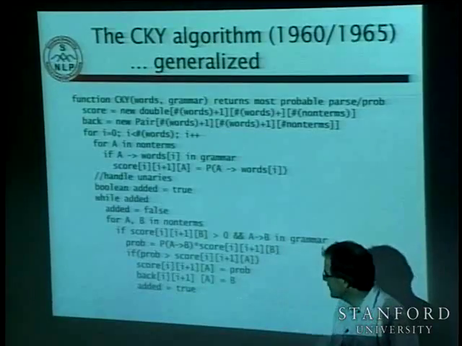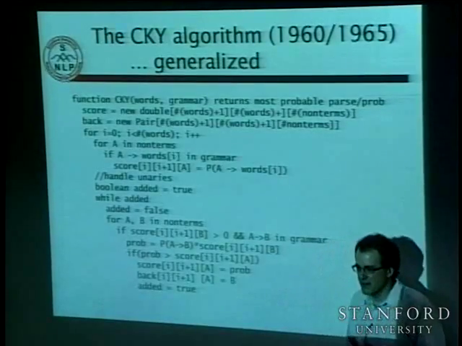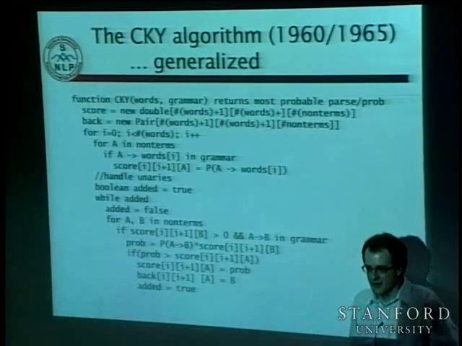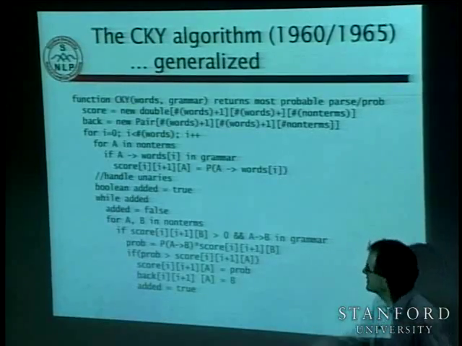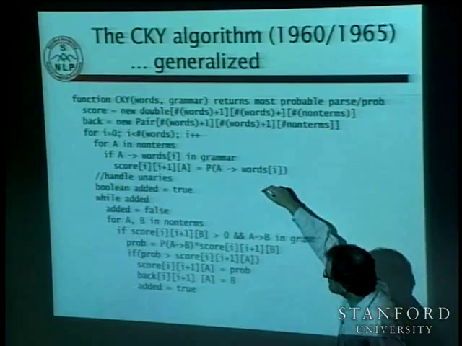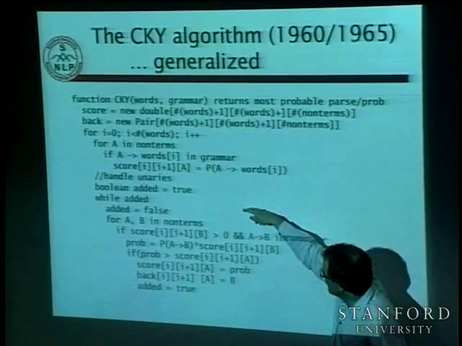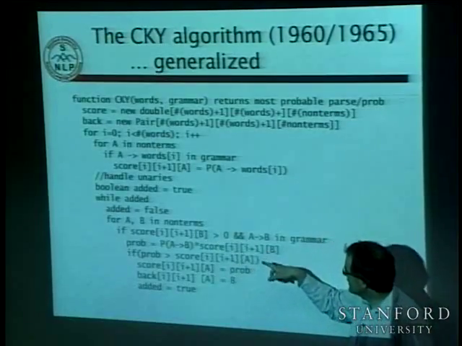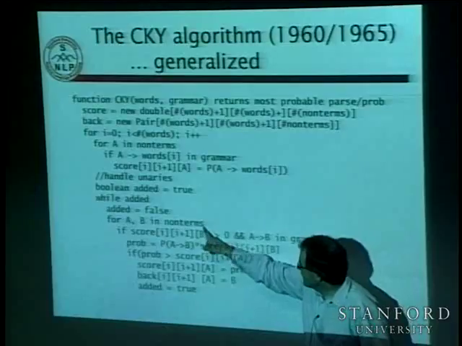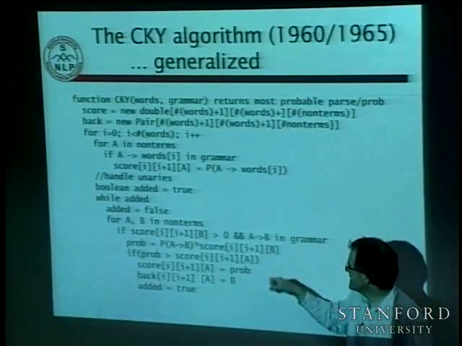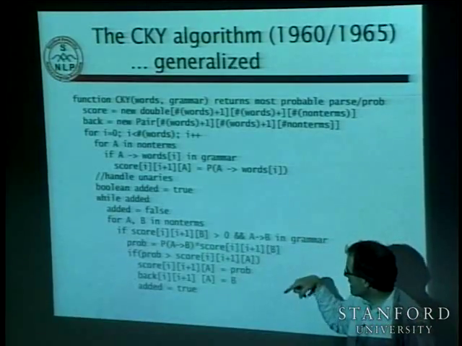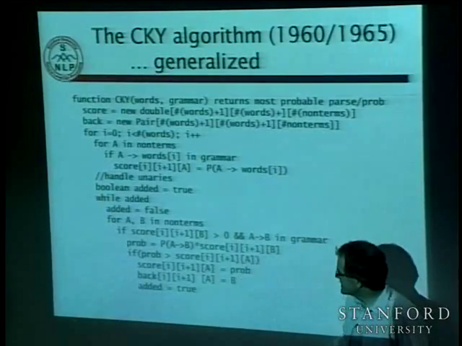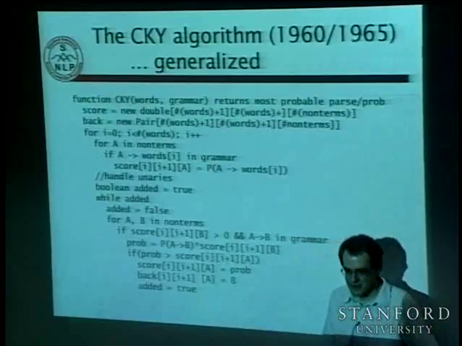And so the way this is handled here is by a simple loop where we keep on looping through a closure until nothing else is added to the chart. So I start off going through and I say, for every pair of non-terminals, if I've been able to find a way to make B, and there's a rule A goes to B in the grammar, then I work out the probability of that unary, and I stick it in the chart, and then I've added something new to the chart.